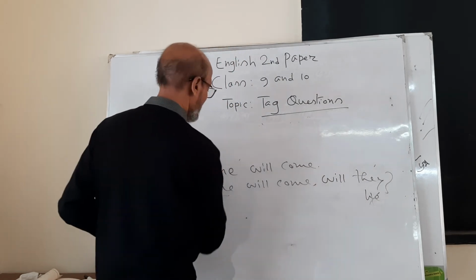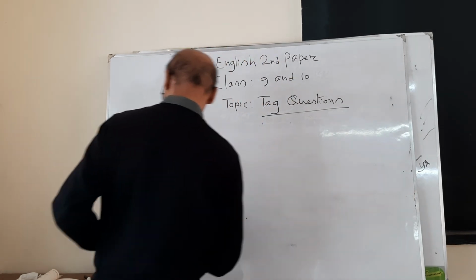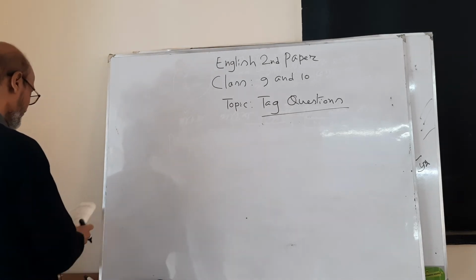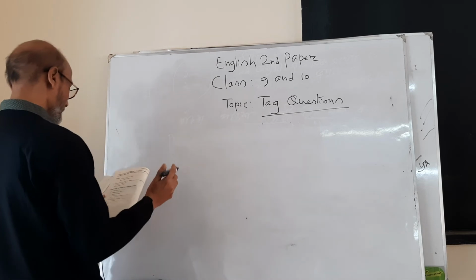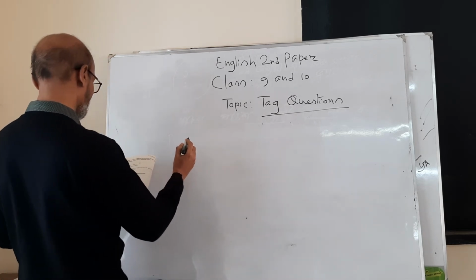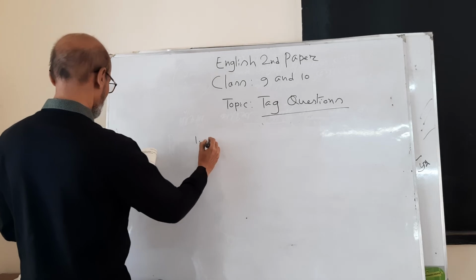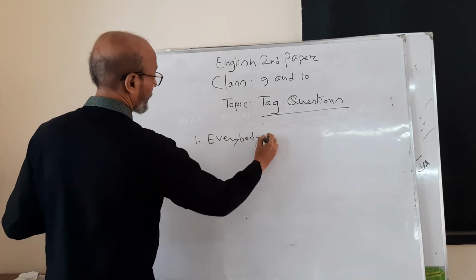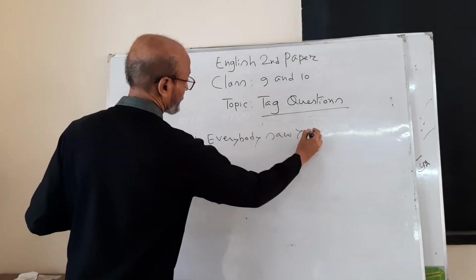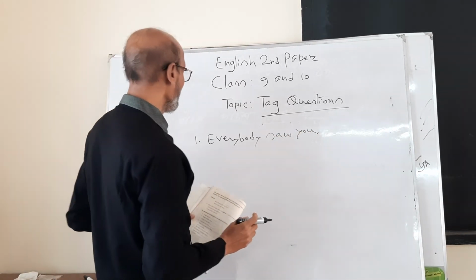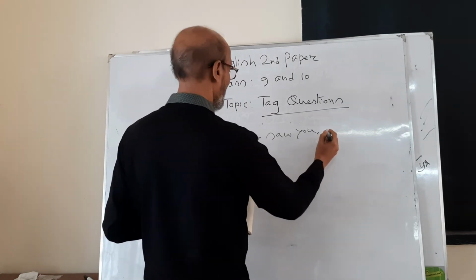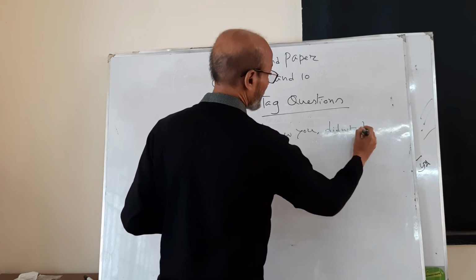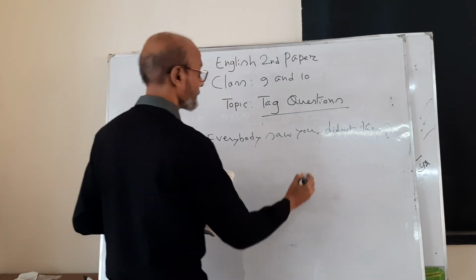Now, from a book, there are some sentences for you for practice. Number 1, "Everybody saw you." If we make it a question tag, we have to write "didn't they."